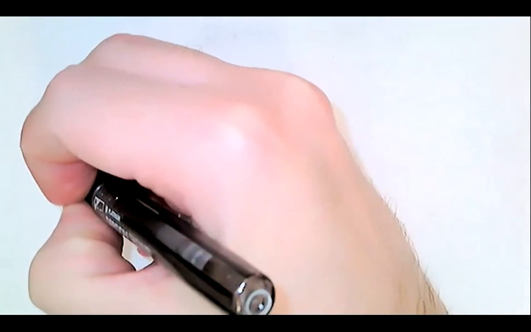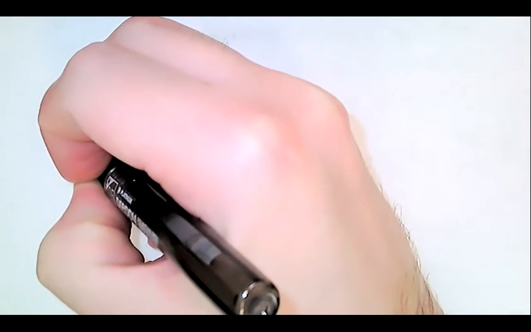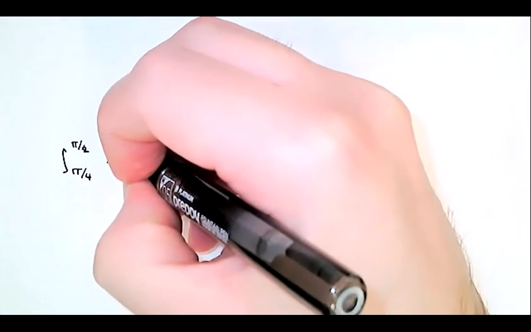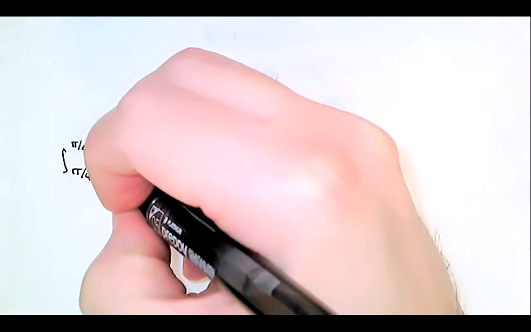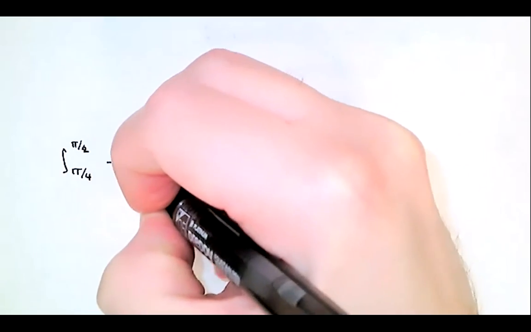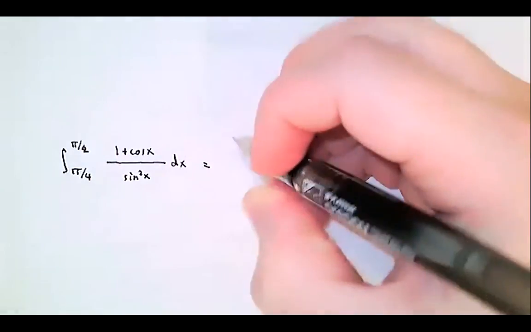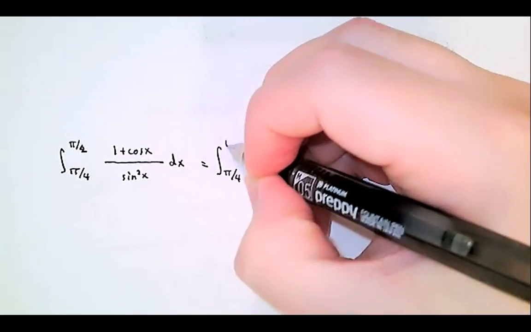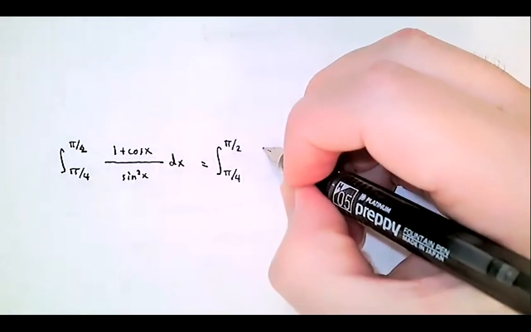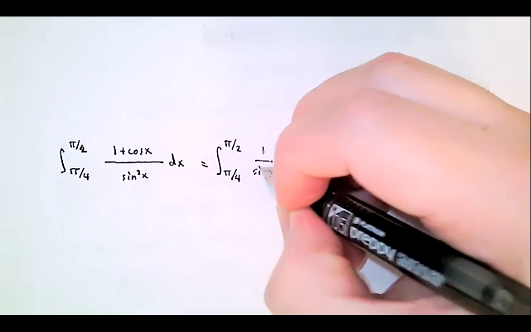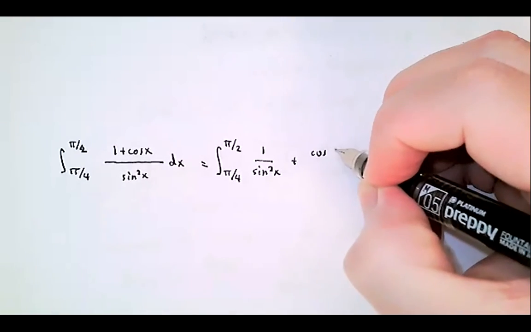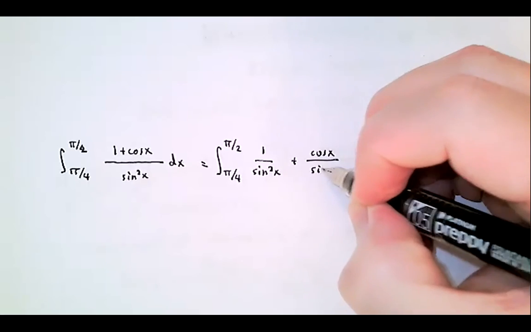Okay, so this is what we were looking at. We had this integral, and we want to separate it out into a 1 over sine squared plus cosine over sine squared.